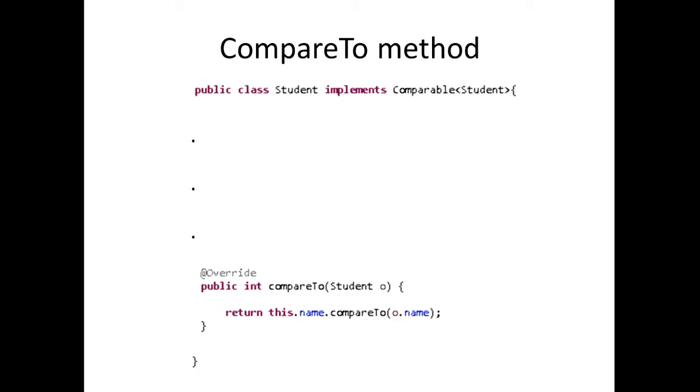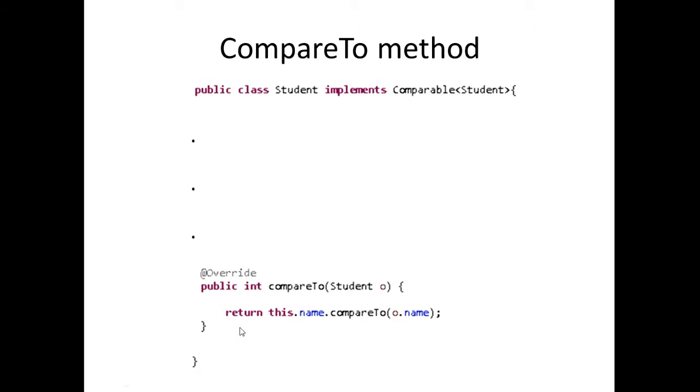We're going to be comparing Student objects. Somewhere in the code, after we implement the Comparable interface, we want to implement the method compareTo. In this compareTo method, we want to compare attributes of the objects so that we can sort these objects accordingly.